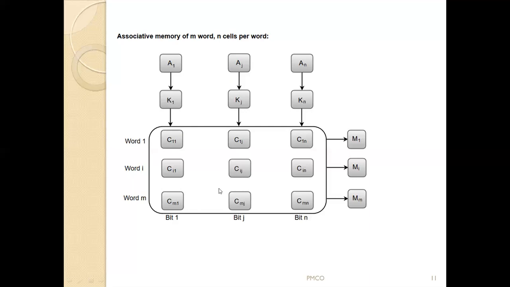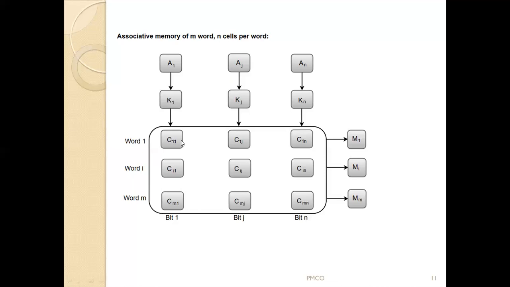So if you refer here, the associative array, the cells present in the array are marked by the letter C. If you observe the diagram, these are the cells C11, C1j, C1n. So these are the cells in the associative memory, marked by the letter C with two subscripts.